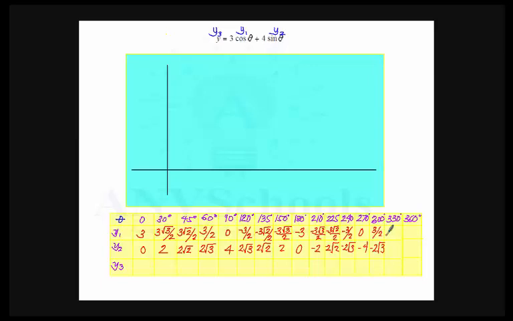And what else? For 330 degrees, we have a reference angle of, or we're missing one here again. We have 315 degrees. So let's just put it somewhere.